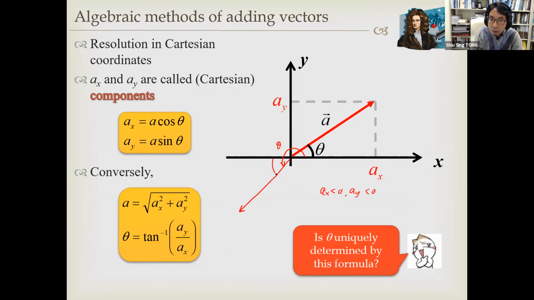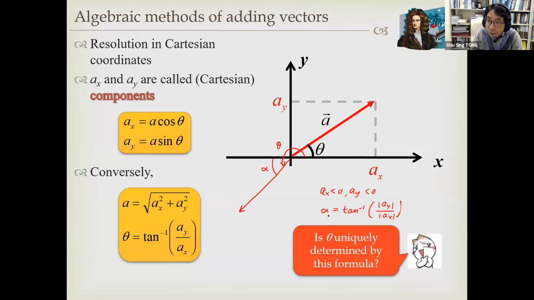Now the idea is that you first find the complementary angle. The complementary angle is this angle, the acute angle that it makes with the x-axis. So this formula does not directly give you the angle theta, but it gives you the complementary angle. You take the absolute value of AY, and you take the absolute value of AX, you divide AY by AX, and you take the arctangent.